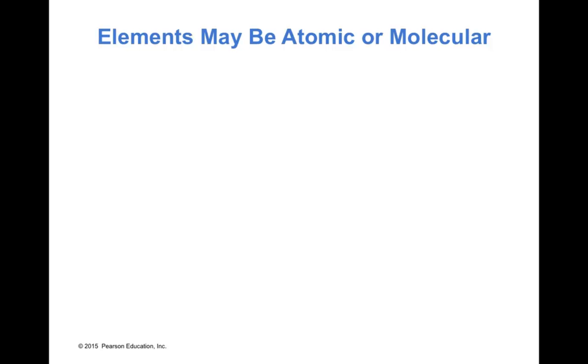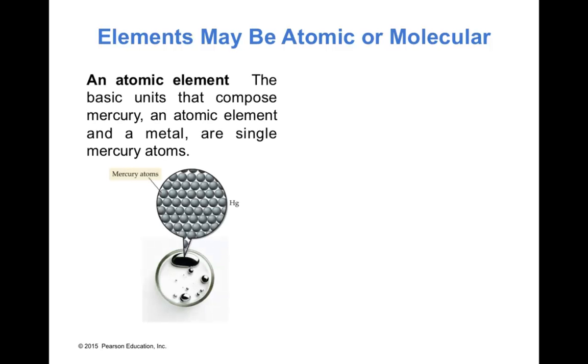An example of this is mercury. Mercury is an example of an atomic element, and a metal, made of single mercury atoms. Okay, we can see here that they are just one type of atom, mercury, and this is how you can find mercury in nature. The basic units that compose mercury, an atomic element and a metal, are single mercury atoms.